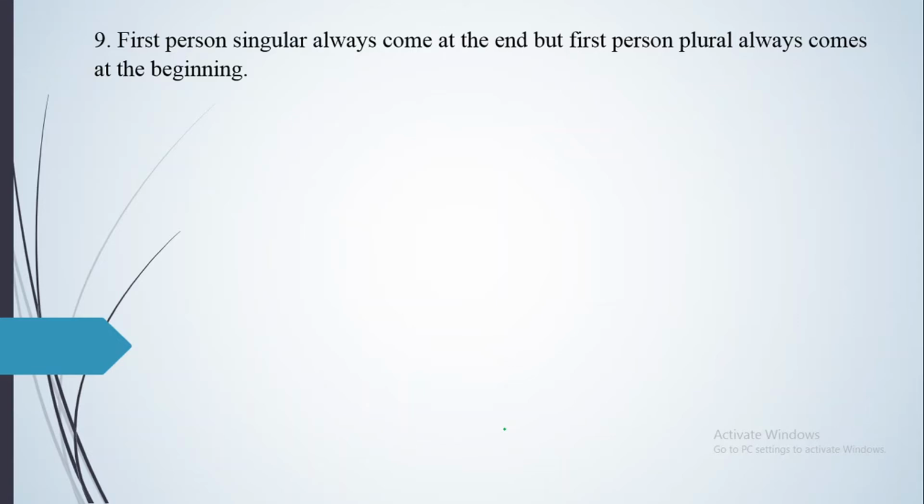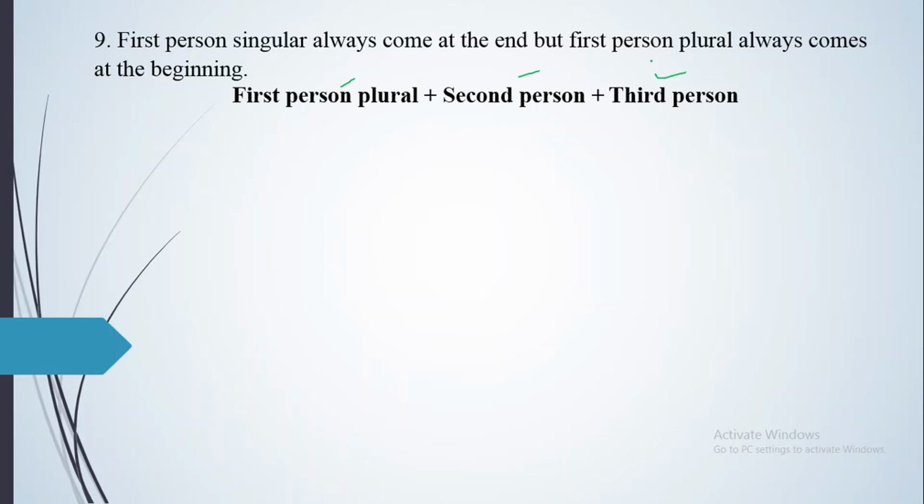When your first person plural is there, that will always come first. Now what will be the sequence? First person plural, then second person, then third person. Singular of first person is always at the end, as in rule number 1. But here in rule number 9, when it is plural, you bring the first person plural first, then second person, and at the end third person.